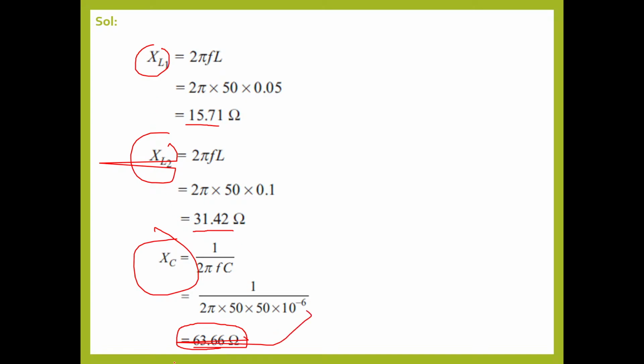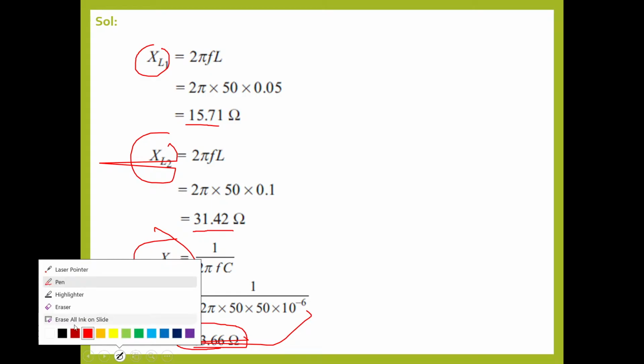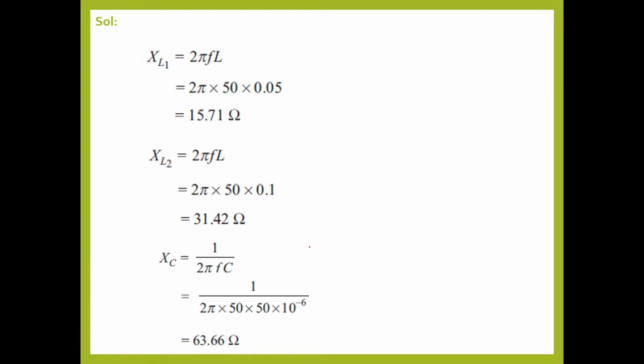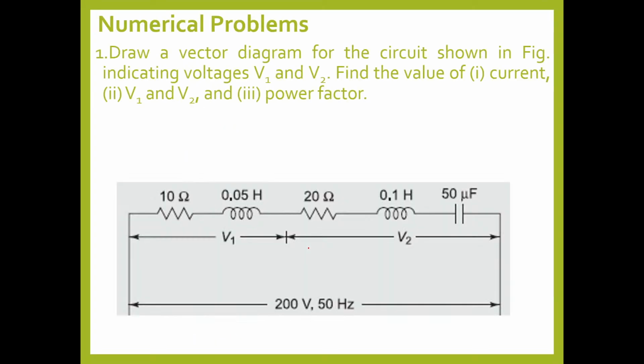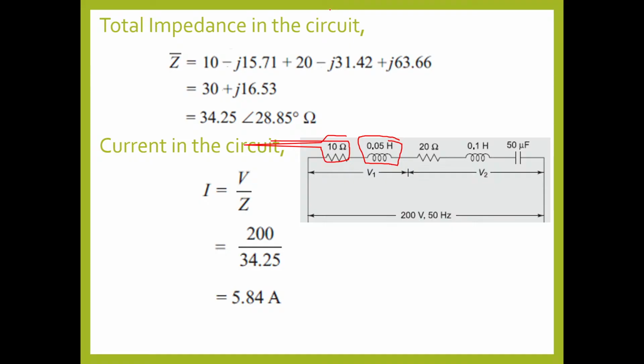Since XC is greater than XL, XL should be negative and XC should be positive. That's why, if you see here, for this inductor, whatever reactance I have got, I have written in terms of minus. Plus resistance 20. Next, inductive reactance, 31.42, I have written in terms of minus, because it is less than capacitive reactance.